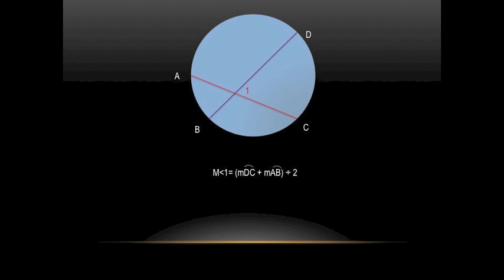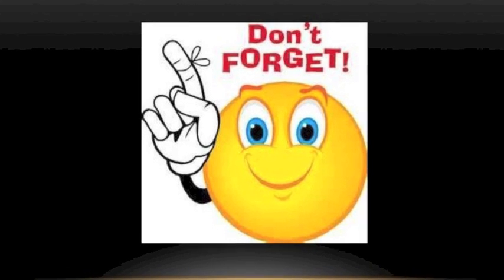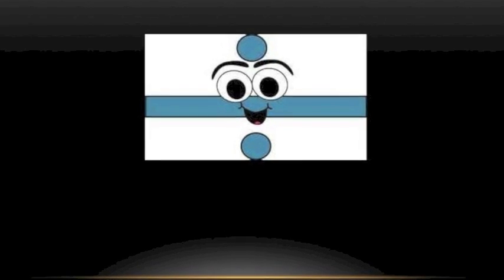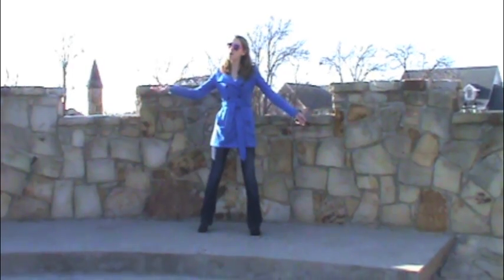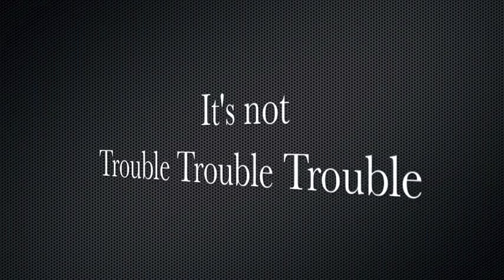Add or subtract if they're on the end or outside. But don't forget you'll always need to divide. Don't hide, it's just tangents, secants, and chords. Oh, oh, it's not trouble, trouble, trouble.